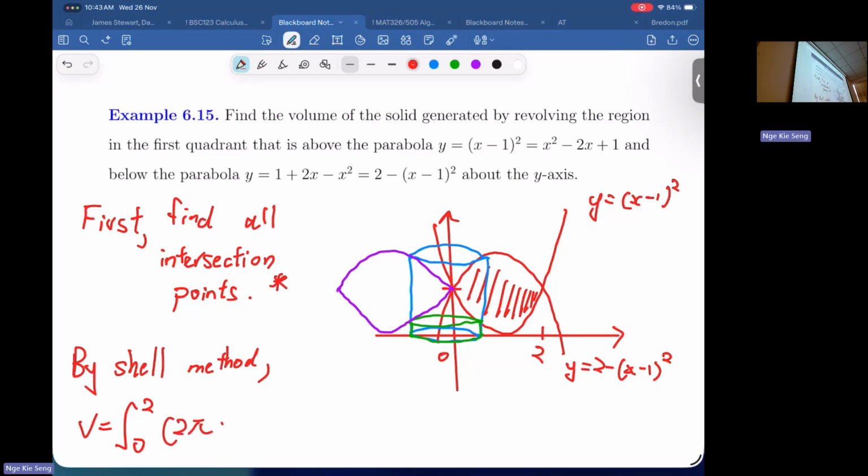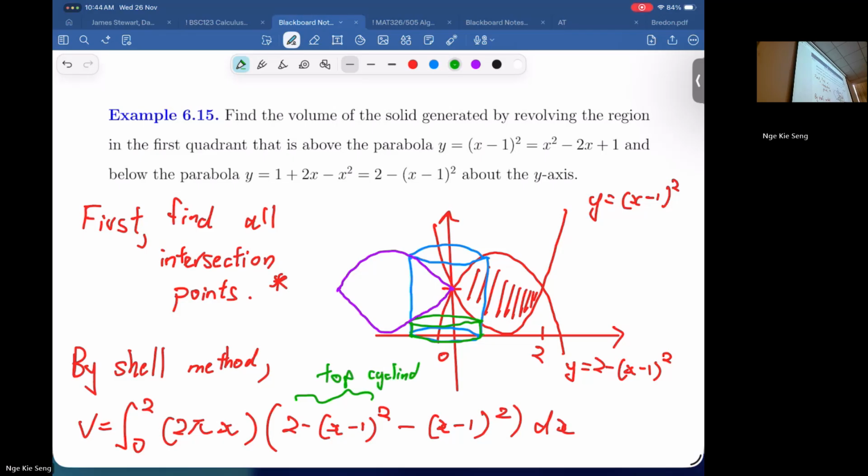So this is 2 pi x times the height of the top cylinder minus the small cylinder, or the bottom cylinder. Again, this is the shell method we could use. Anyone got this? So this is the top cylinder minus the bottom cylinder.